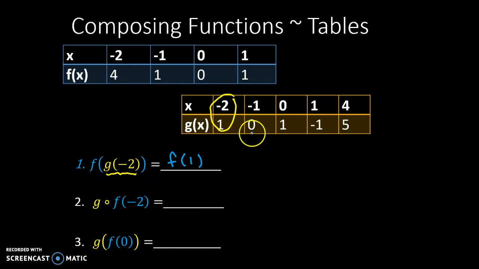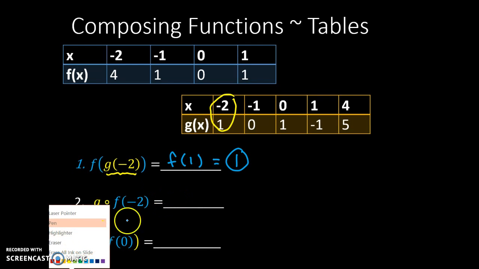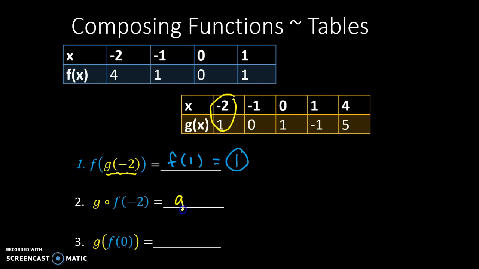And then we go to our f function and we say, oh, when x is equal to 1, f is equal to 1. So our final answer is 1. Okay, remember this notation just means g follows f of -2, so we're going to do f of -2 first. So we're really doing g of 4, and g of 4 is 5, so that's our answer for that problem.